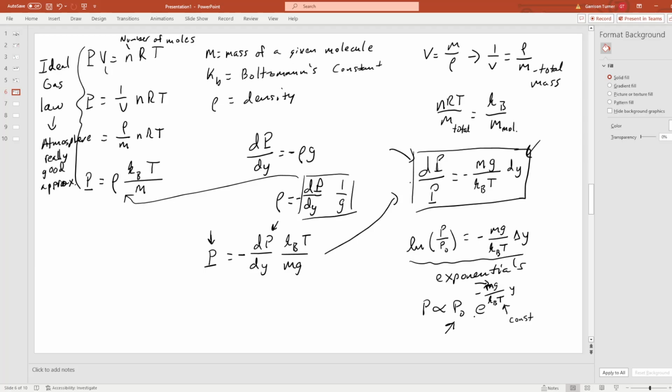So take this model with a slight grain of salt, but it does give you an idea for why, as you increase your altitude, your pressure drops precipitously. It's because it's an exponential decay. This is one way to get at least an idea of how your pressure is changing.